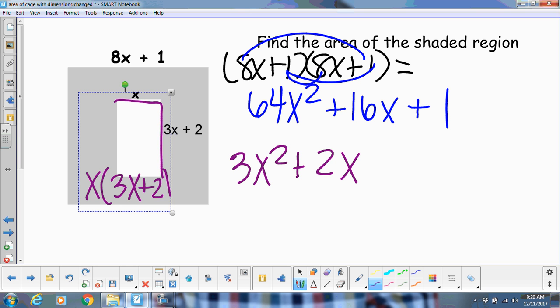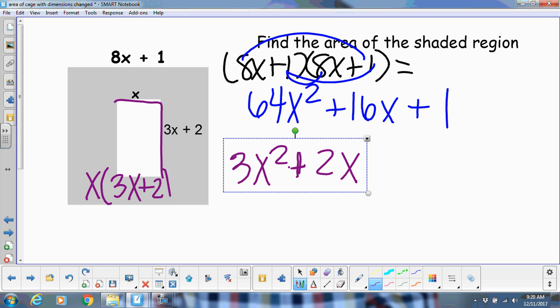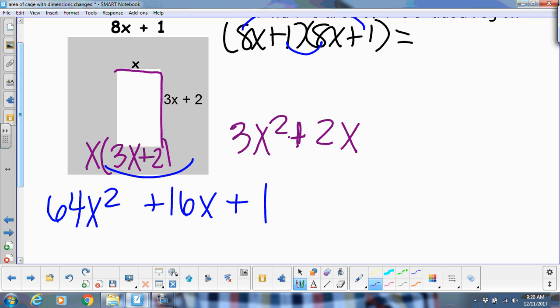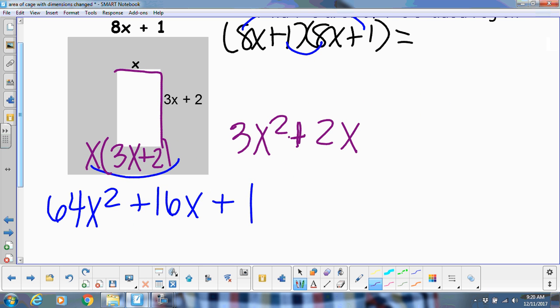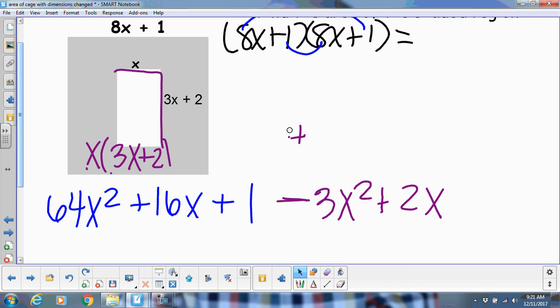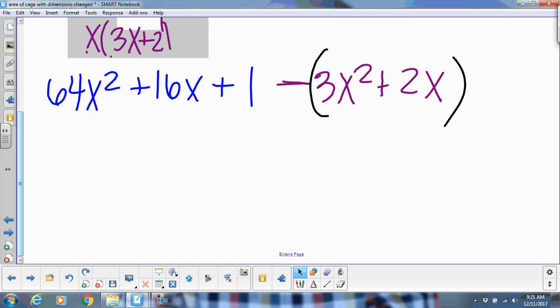Okay. Now, what do I need to do here? All right, now pay attention. All right, here's this, and I need to subtract this. Okay? But you got to make sure you do what here? What do you have to do with that negative sign? You have to distribute it. Okay? That's why I don't put these underneath, because it changes your signs.